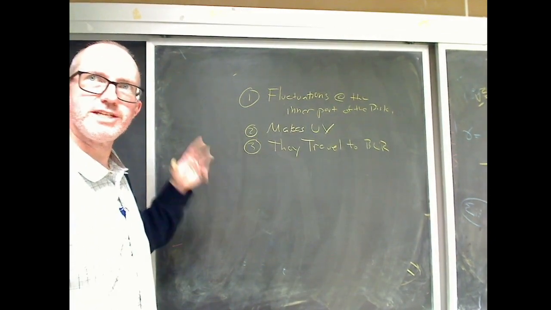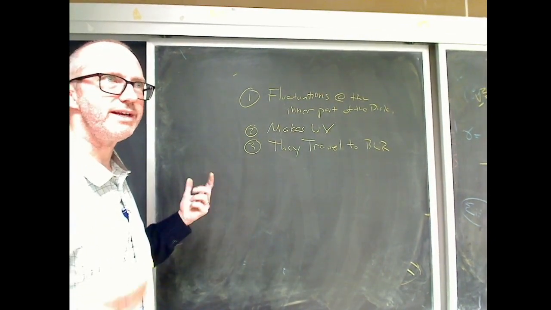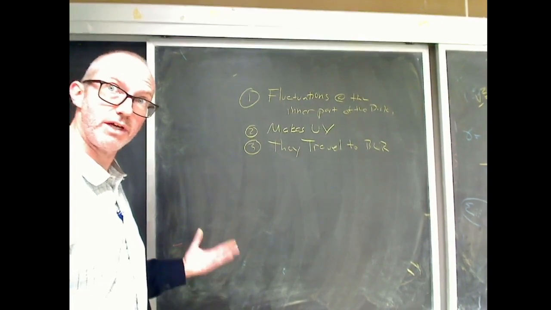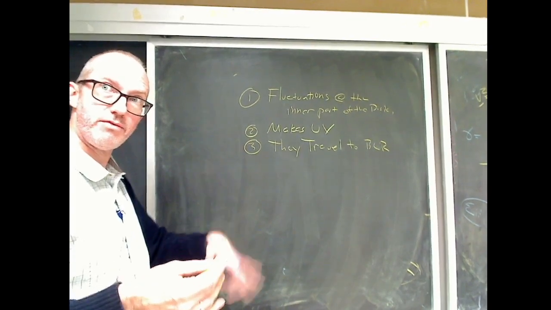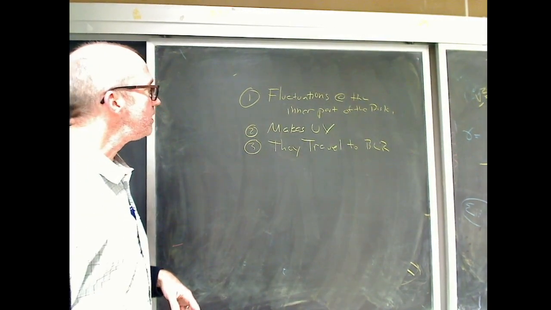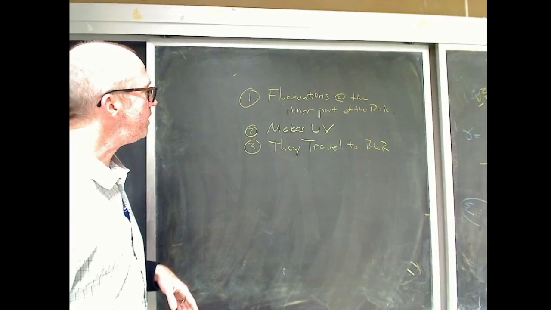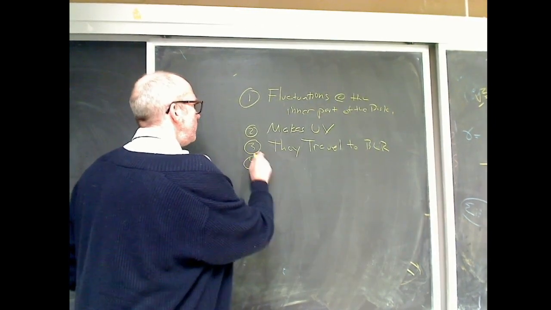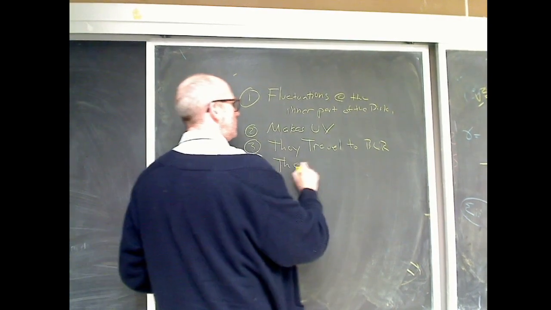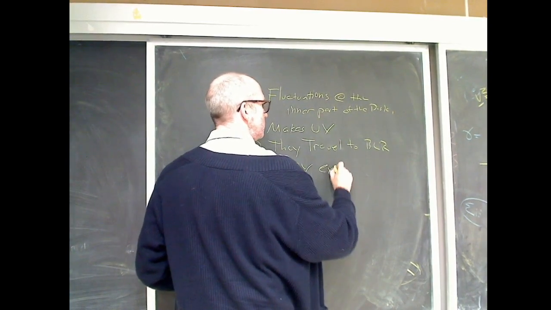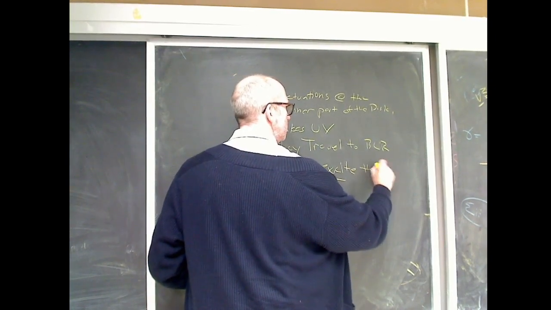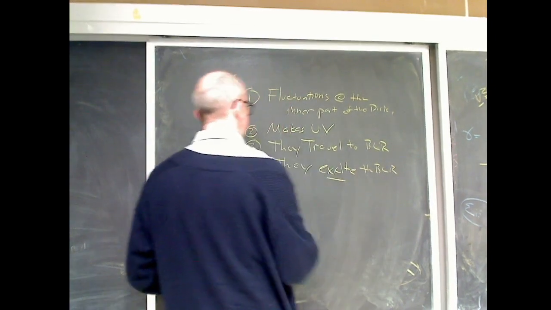The reason I changed how I was writing this is because I wanted to write travel as a whole bullet point, because that's how the physics works. It takes time between when the flare happens and when the broad line lights up. They excite the broad line region.